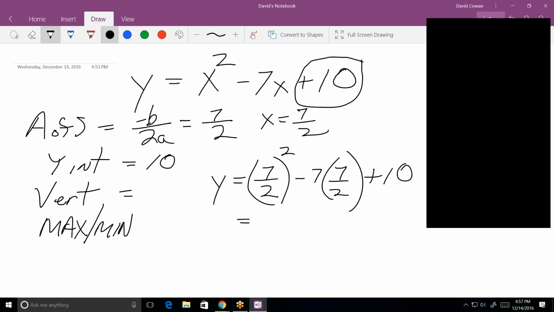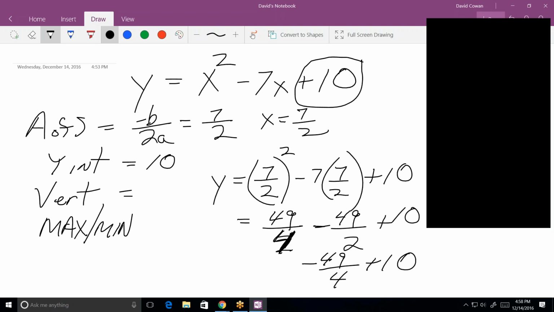Now let's square it and simplify. This becomes 49 fourths minus 49 halves plus 10. Well, if we find a common denominator, then this is minus 49 fourths plus 10. 10 is 40 fourths, so our answer is minus 9 fourths.